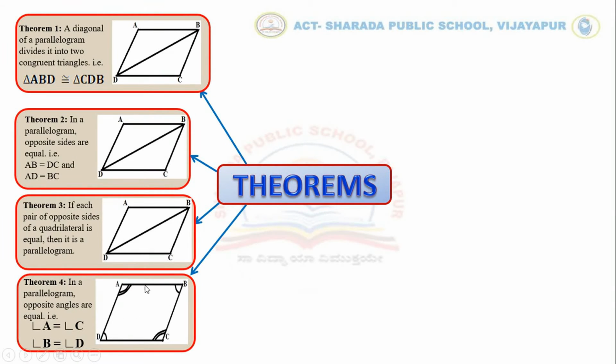By using SSS congruency criteria, triangle ABD is congruent to triangle CDB. Therefore, angle A is equal to angle C by CPCT. In the same way, by joining the diagonal AC, we can prove that angle B is equal to angle D.